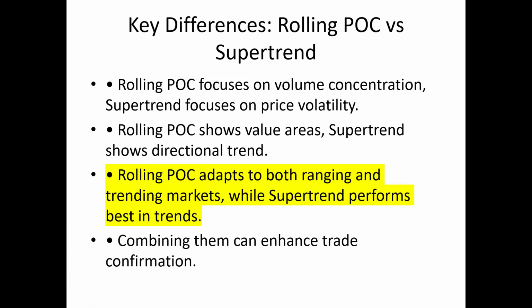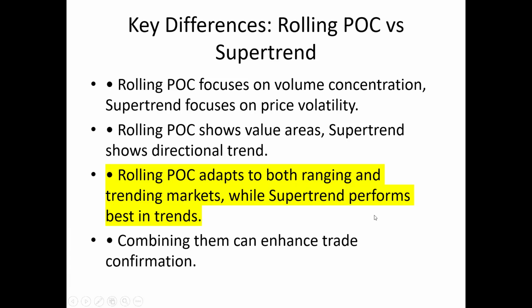So, what is the solution for that? We can combine them, both of them, and which can enhance the trade confirmation. So, by combining both rolling POC and super trend, your trading decisions will become sharp.